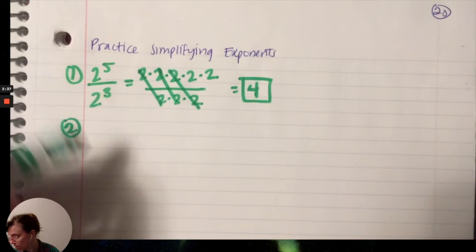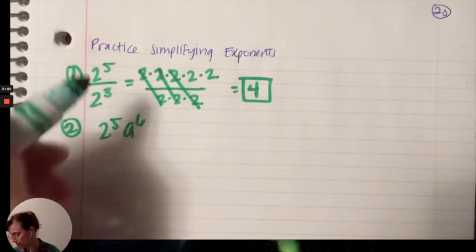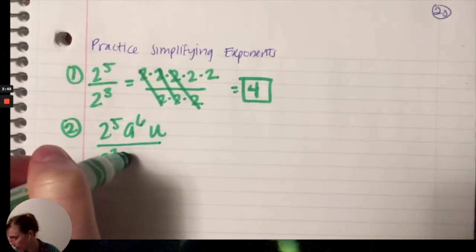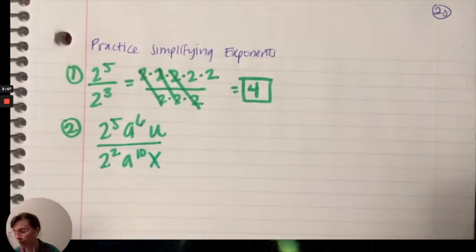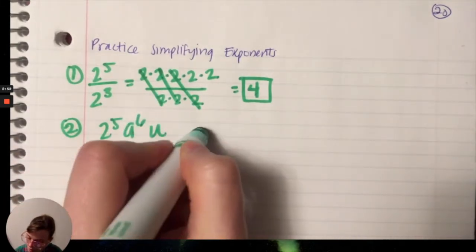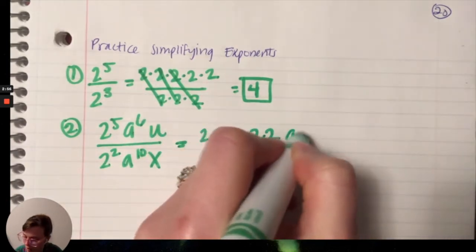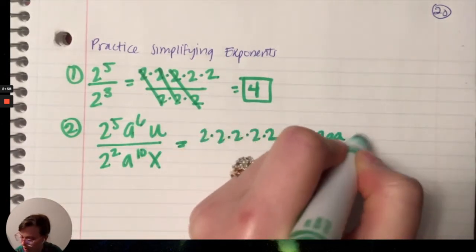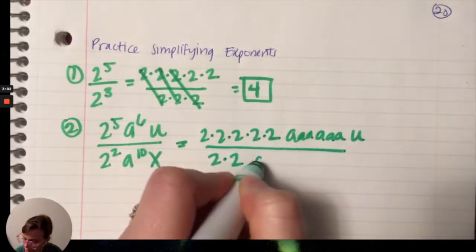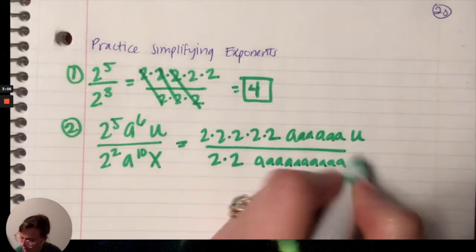All right, number 2. 2 to the 5th, a to the 6th, u, over 2 squared, a to the 10th multiplied by x. So expanded form, I have 5 2's. Try these on your own and then come back. So the u, we have 2 2's, and then x.